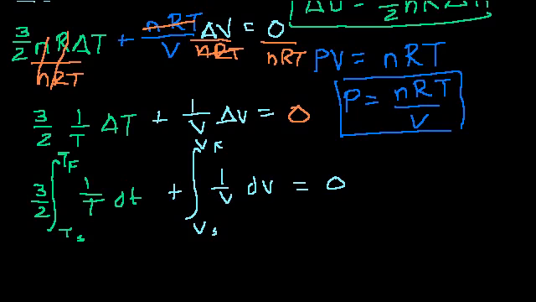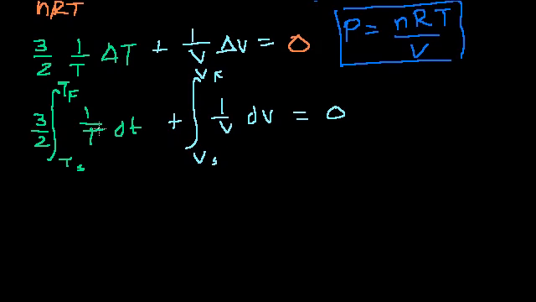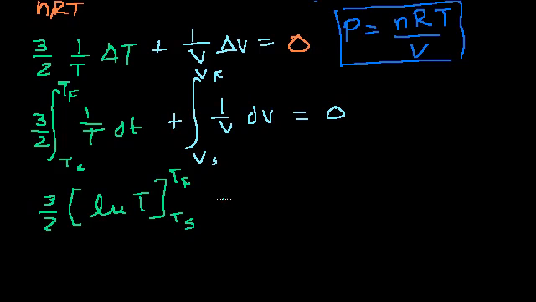Let's do these integrals. This tends to show up a lot in thermodynamics. The antiderivative of 1 over T is the natural log of T. So this is equal to 3 halves times the natural log of T, evaluated at the final temperature minus the starting temperature, plus the antiderivative of 1 over V, which is just the natural log of V, evaluated from the starting volume to the final volume.